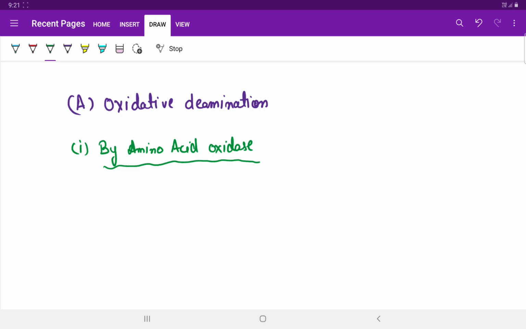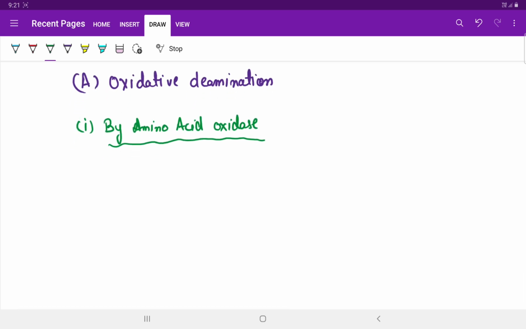So students, this is a two-step reaction we can say. So the first reaction that takes place is, let us draw the structure of an amino acid first. So this is an amino acid. It will be attached to the prosthetic group such as FMN, flavin mononucleotide, or it can be FAD, flavin adenine dinucleotide.